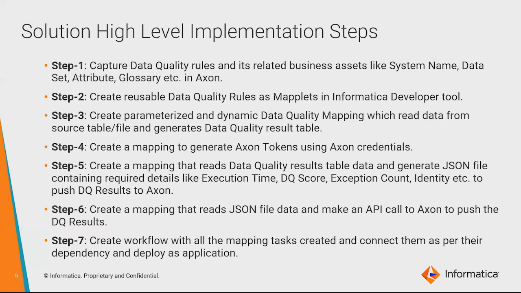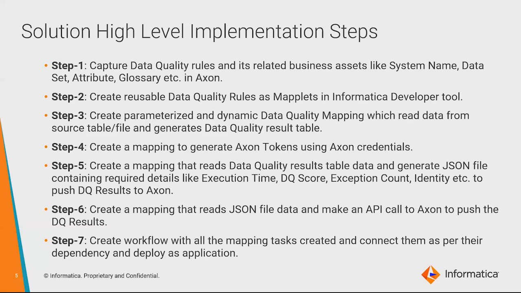Moving to step number 5. Here we will create another mapping which will read the data from our data result table and generate a JSON file, in the required structure that Axon can accept when we do a REST API call.